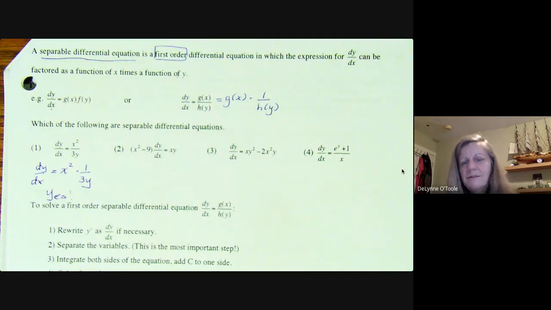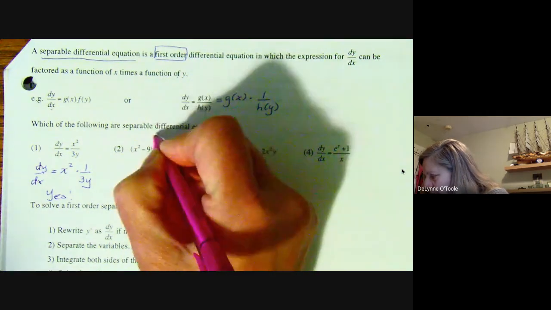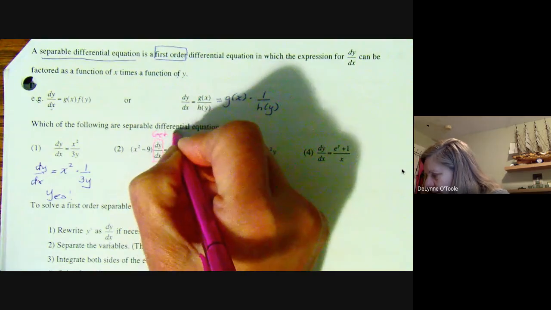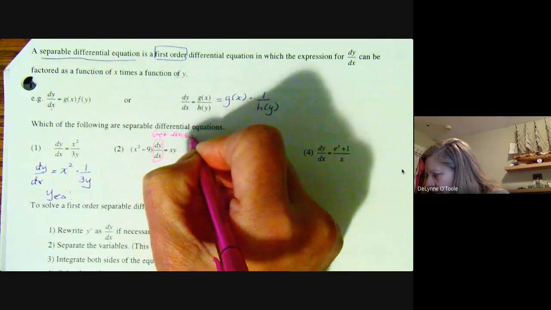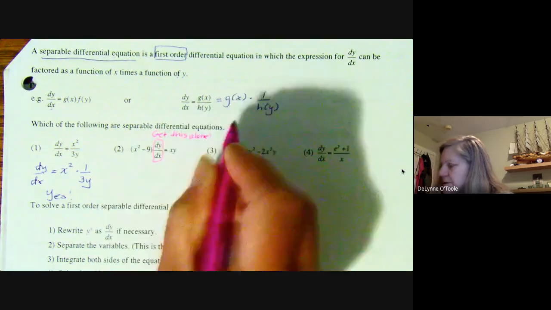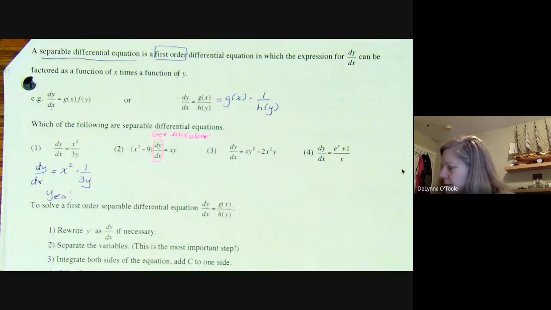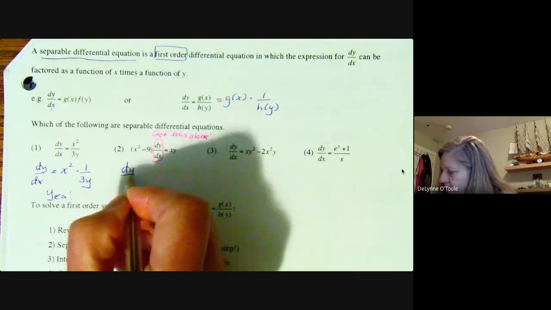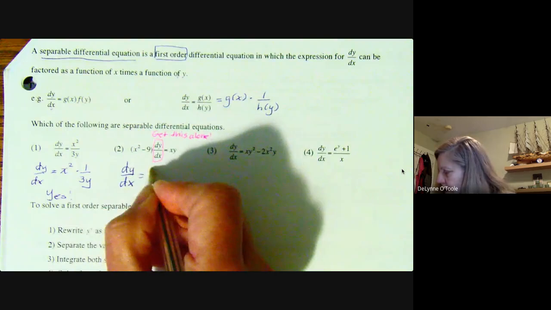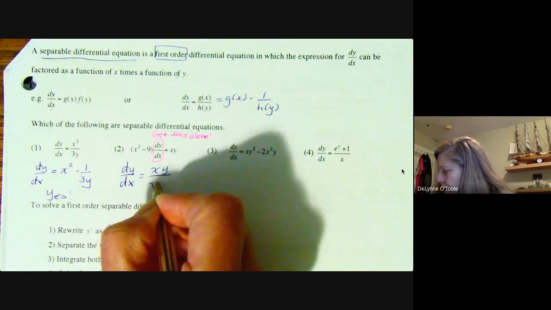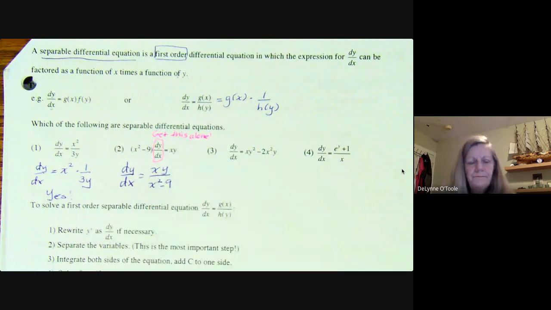Well, in order to answer that question, we need to get this alone. Okay. In order to answer this, we want to get this piece alone. That's easy to do. We're just going to divide both sides by x squared minus 9. So if I do that, I get xy over x squared minus 9. And can I break that out into a function that's completely in terms of x times a function that's completely in terms of y?